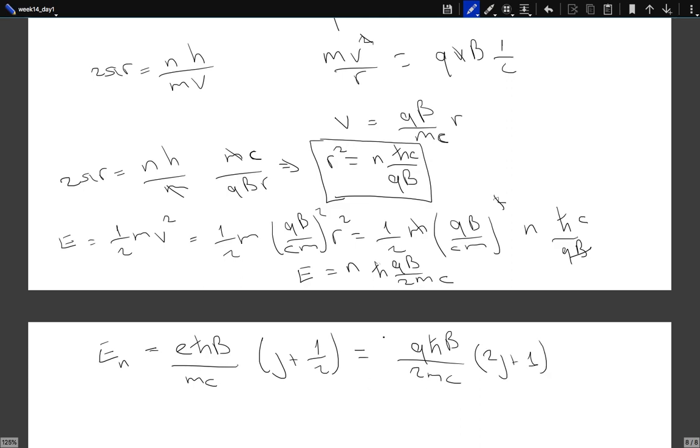So the main difference from this result is that n turns out to be not just any integer, but just an odd number of odd integers. So this is the correct answer for the energy.